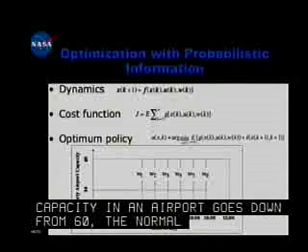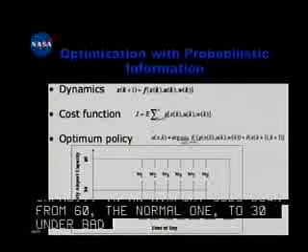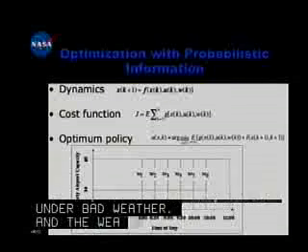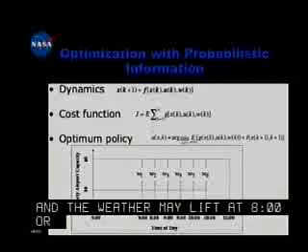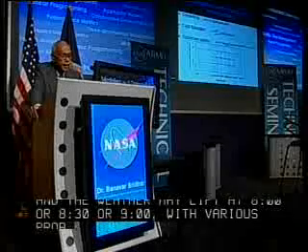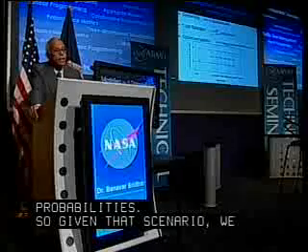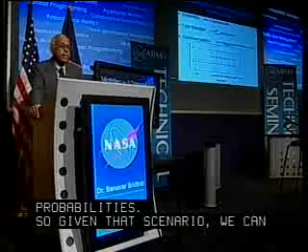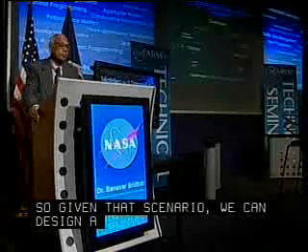And the weather may lift at 8 o'clock or 8:30 or 9 o'clock with various probabilities. So given that scenario, we can design an optimum policy taking weather into account. Can I have the next view graph, please?